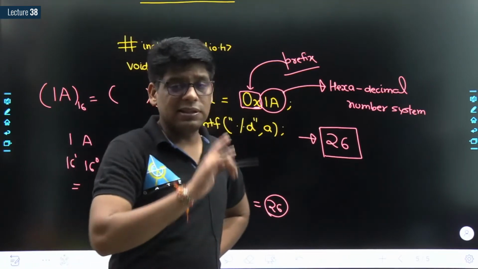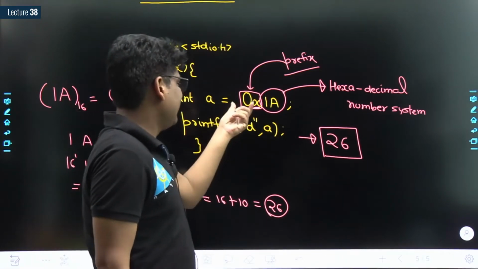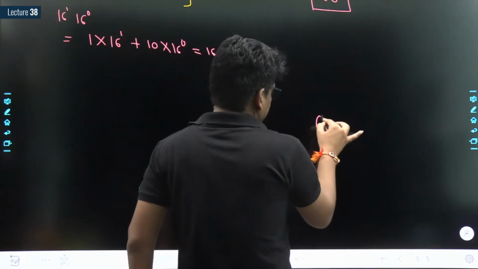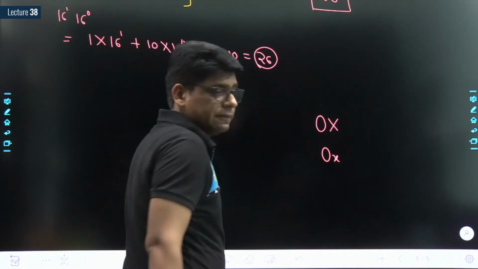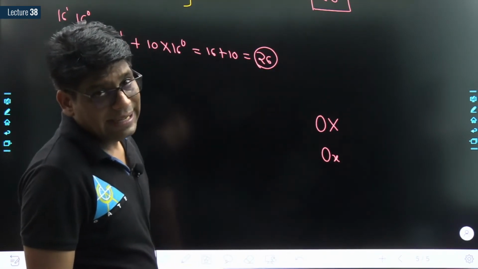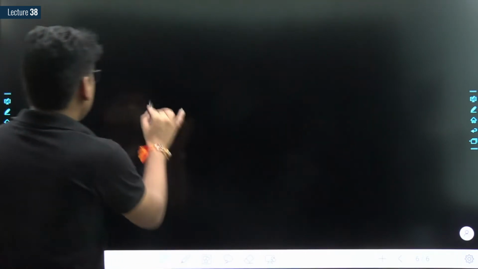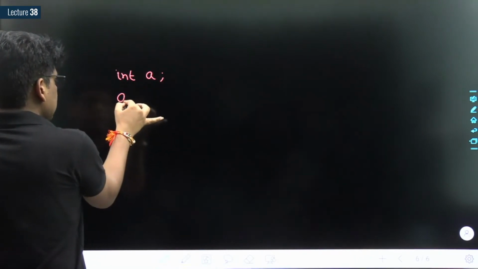Sir, C is a case sensitive language, but there are a few exceptions. See, that means, can I write it as 0 capital X? Yes, it is perfectly okay to write 0X or 0x for giving an integral literal written in the hexadecimal number system. So do let me know which of the following is valid.